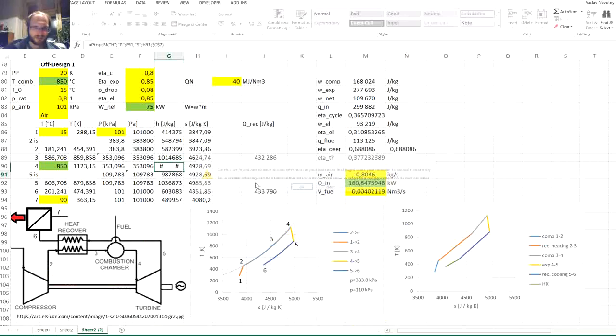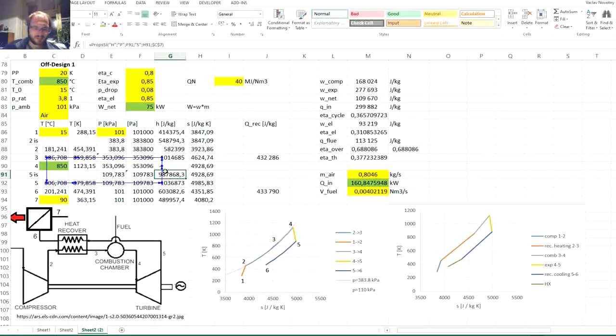And as you can see, we get a circular reference here, and that is caused by the fact that we are using the enthalpy at point 3, or temperature at point 3. But this is the temperature at the recuperator outlet, and it's a function of the temperature at the recuperator inlet on the hot side at point 5.